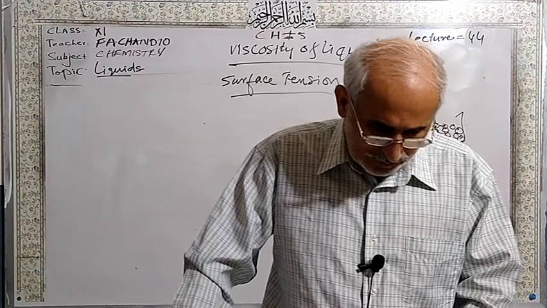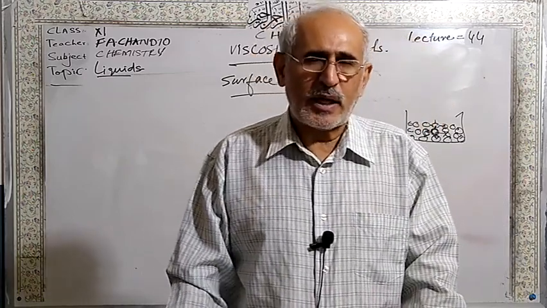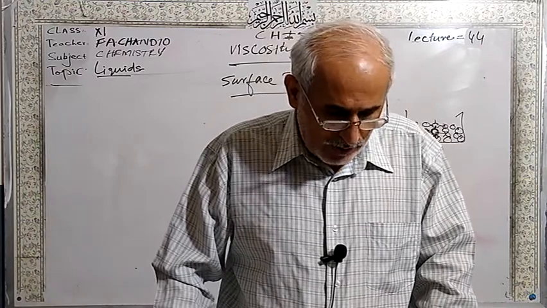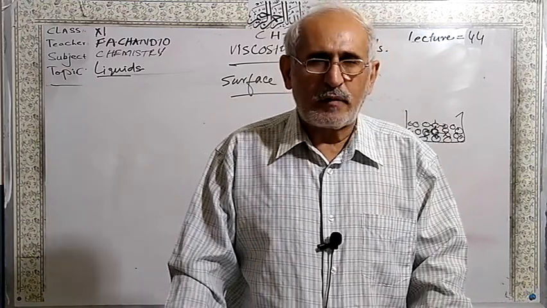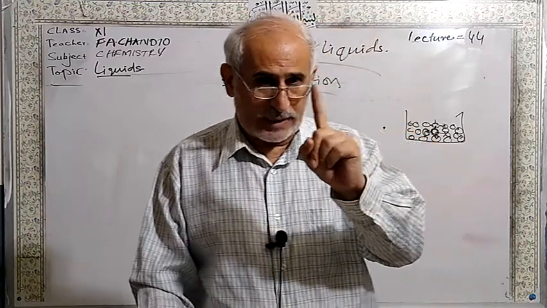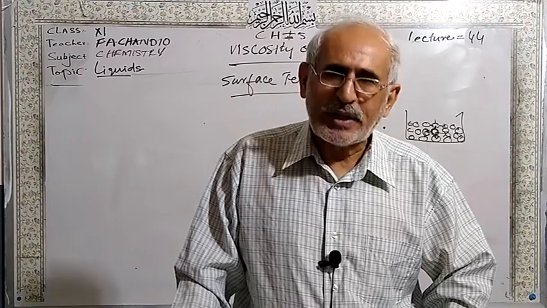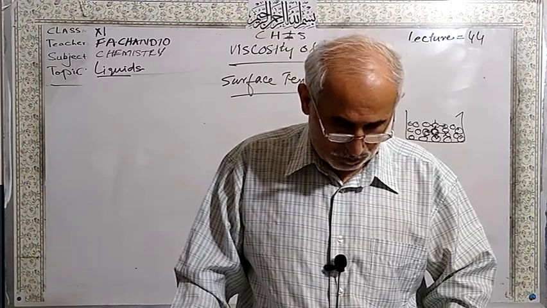Heat of vaporization. The heat of vaporization of water is high because of strong hydrogen bonding. The amount of heat required to convert 1 mole of liquid water into 1 mole of water gas is called the heat of vaporization or standard heat of vaporization.